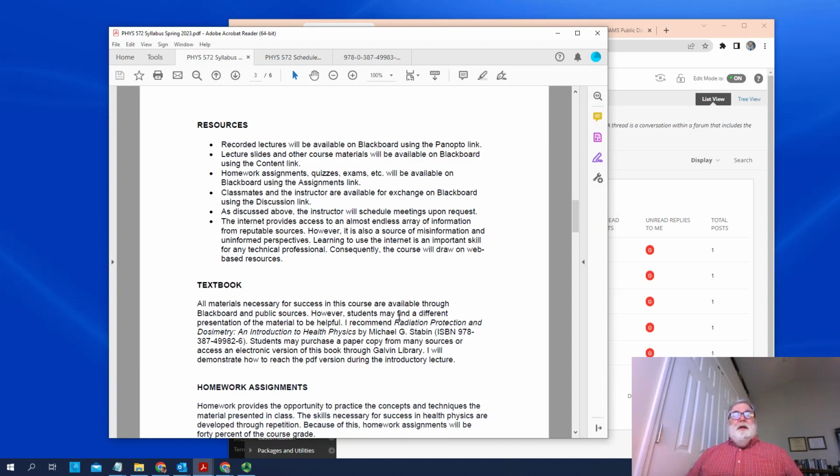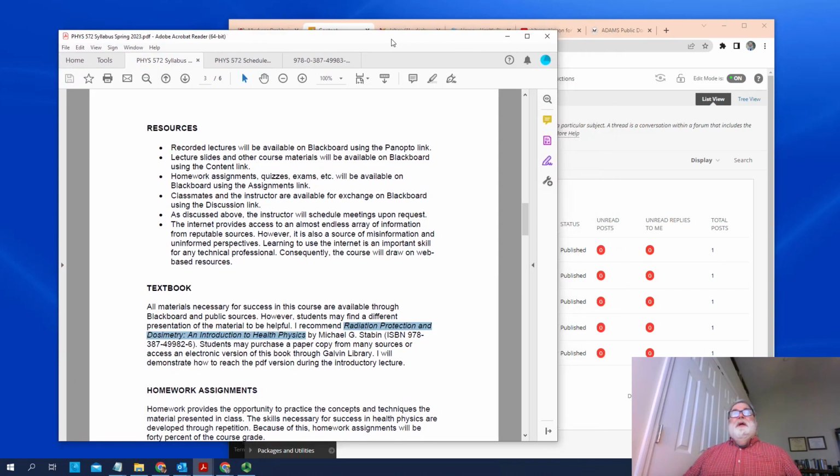And so I recommend a particular book. There are many books that are equally good, but I think that Michael Stabin's Radiation Protection and Dosimetry: An Introduction to Health Physics is a good book, and it follows the pattern of the arrangement that I have for this class, so you'll find it to be useful.